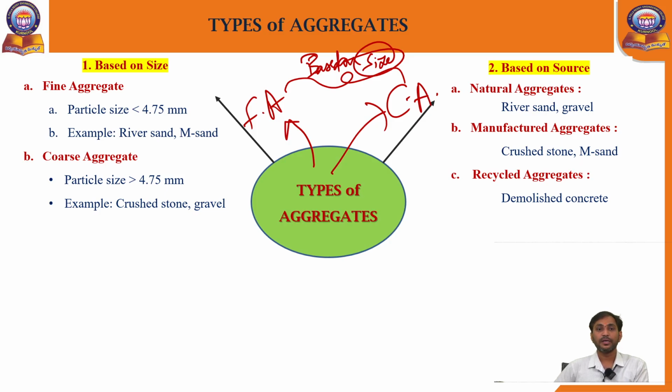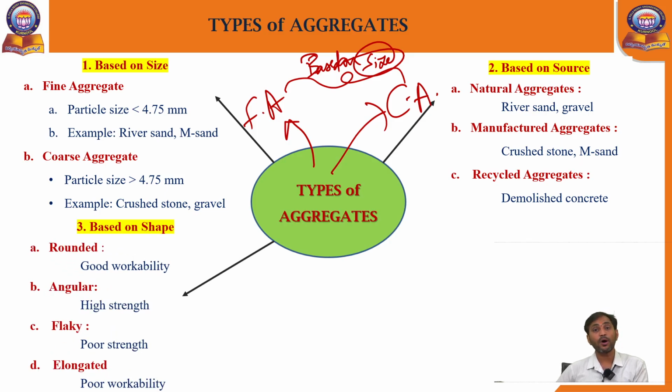Next, third one, based on shape. What type of shape are the aggregates available in? Rounded aggregates, angular aggregates, flaky aggregates, or irregular or elongated aggregates.